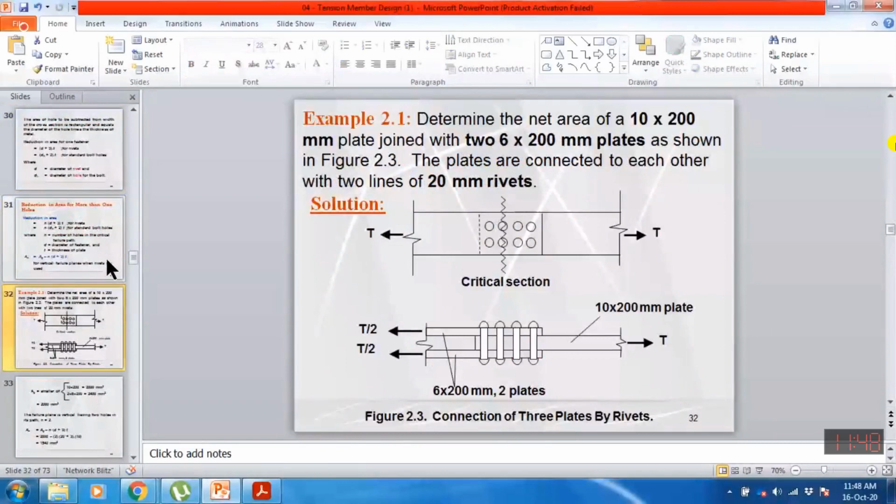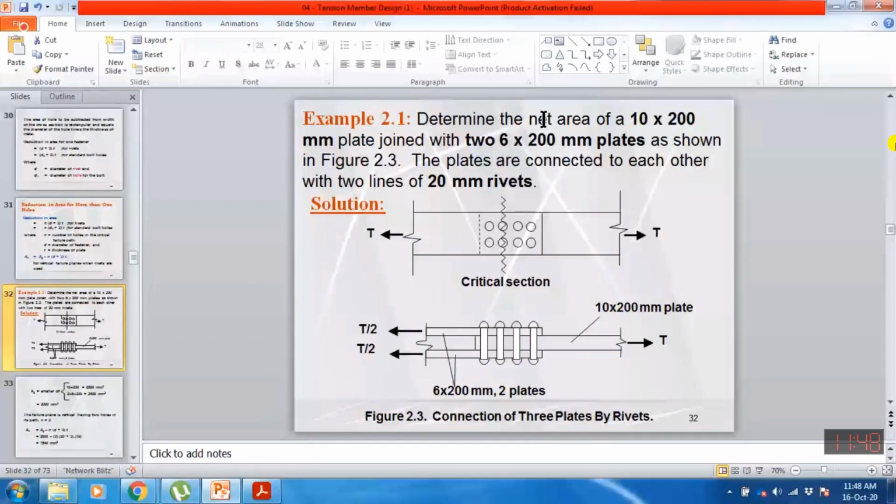Determine the net area of a 10 into 200 plate joined with 6 into 200 plates as shown. We have a larger plate with thickness 10 millimeter and width 200, and these two smaller plates are each 6 millimeter thick and the width is again 200 millimeter.